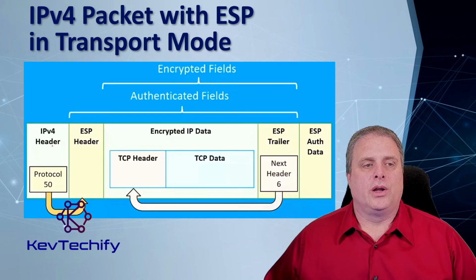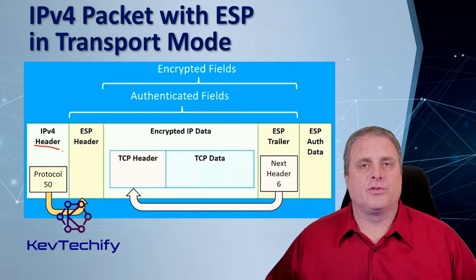In transport mode, there's only a single IP version 4 header, which isn't changed.